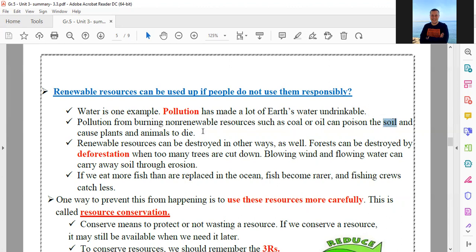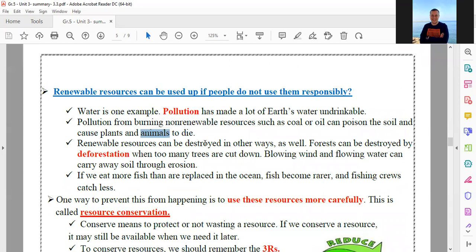Yes, when we burn the coal and the non-renewable resources like the fossil fuel, it gives off some materials that can poison the soil, make the soil poisonous or toxic. So it will affect the plants and the animals, they will die.